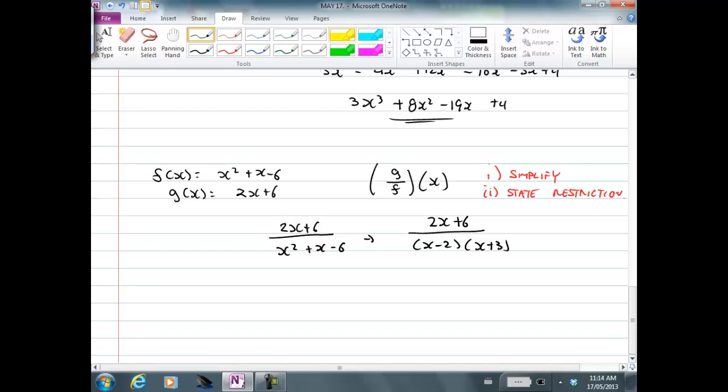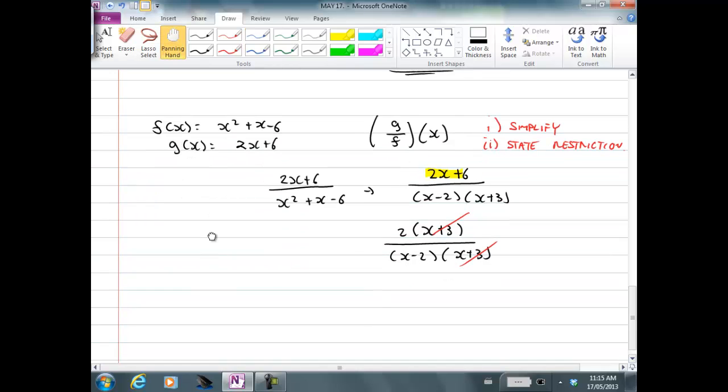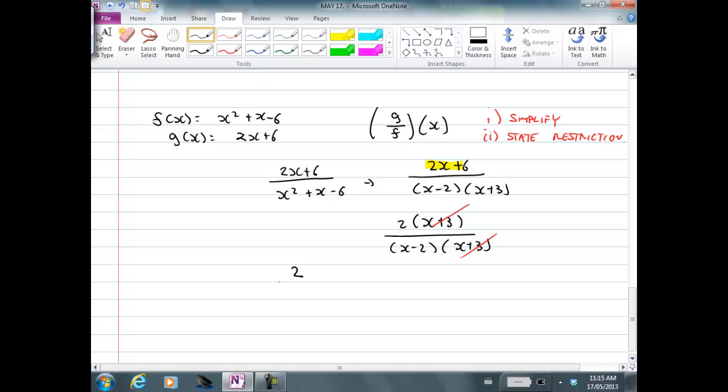See, you can factor out the top part also. Go ahead and factor the top part right now. You gotta factor if it's factorable. And look what happens. It cancels out very nicely. This now is gone. So you're left with really 2 over x minus 2.